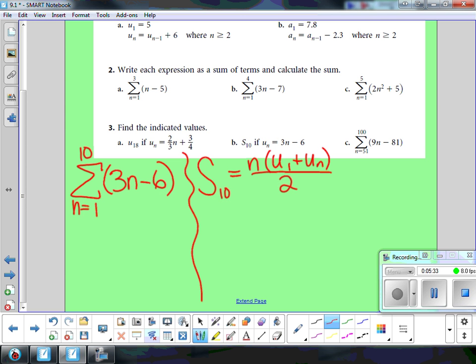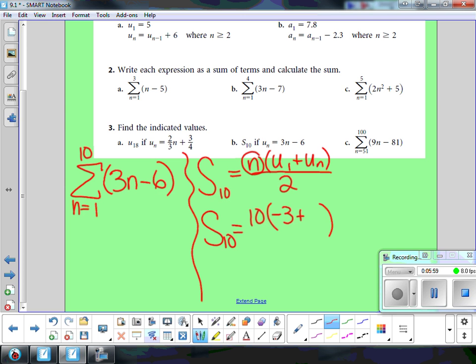If you want to go old school and use our formula over here, how many terms are there if we're going to S? 10. Say 10. 10, okay? What is the first term when you plug in 1? We talked about it already. It's -3. Plus, what is the last term, which is U10?